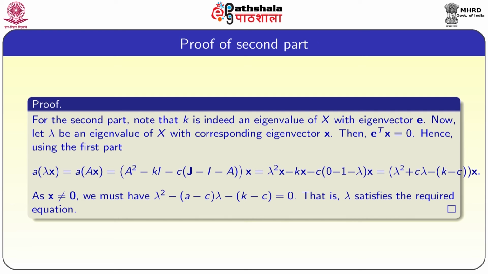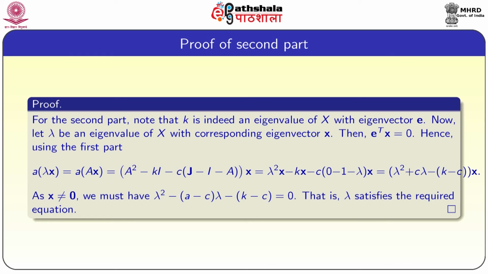Now, let lambda be any eigenvalue of X corresponding to eigenvector x. Then we have e transpose x equal to 0. Hence, using the first part, lambda squared x is equal to A squared x, which is equal to (kI plus aA plus c(J minus I minus A)) x, which is equal to k x plus a lambda x minus c x minus c lambda x, that is, (k plus (a minus c) lambda minus c) x.